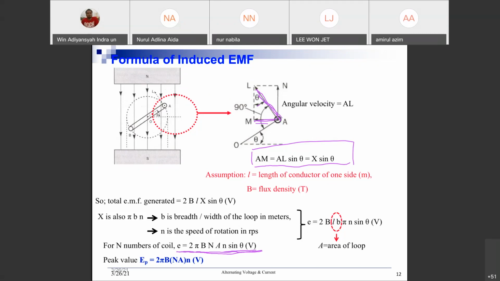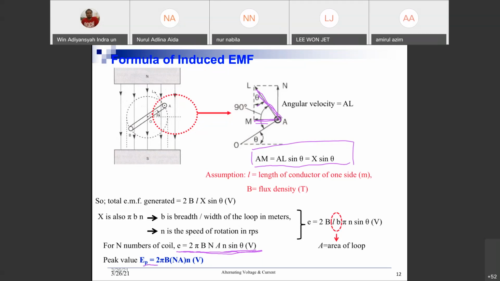So induced EMF equals 2 pi B N A n sine theta. B is the breadth, the width of the loop in meters, N is the number of coils, A is the area, n is the speed of rotation in rounds per second, and sine theta. This is the peak value.